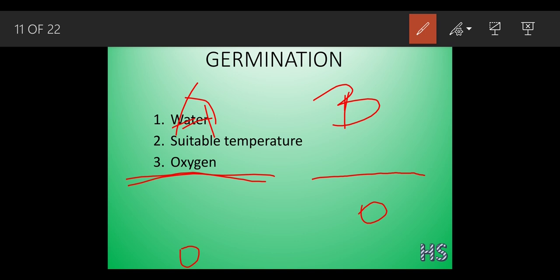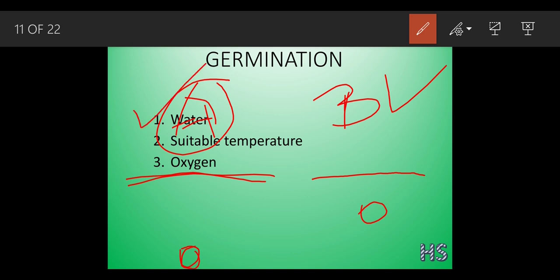The answer is B. Why? In condition A, what is going to happen? If this seed is sown too deep, it won't be getting a proper supply of oxygen. As it won't be getting a proper amount of oxygen, how will it germinate then?